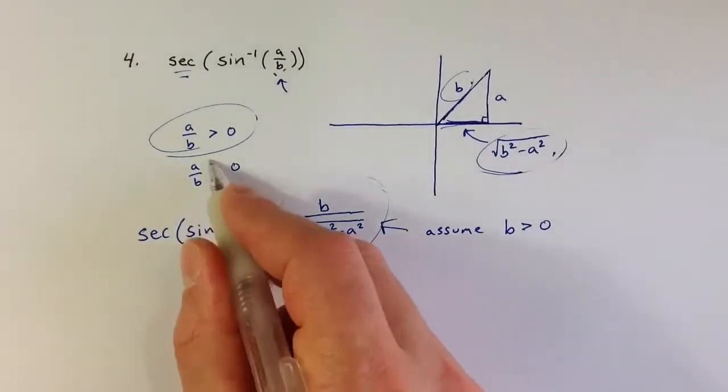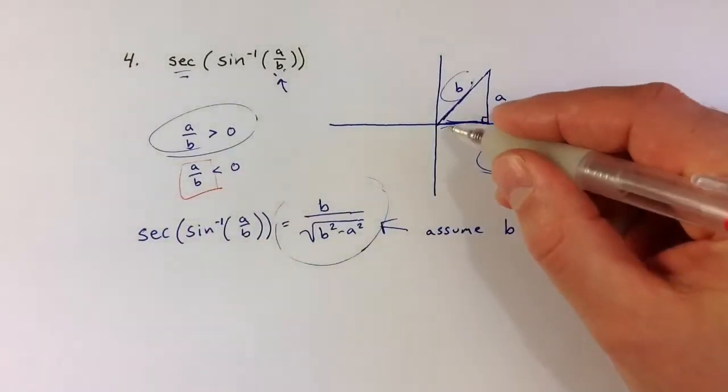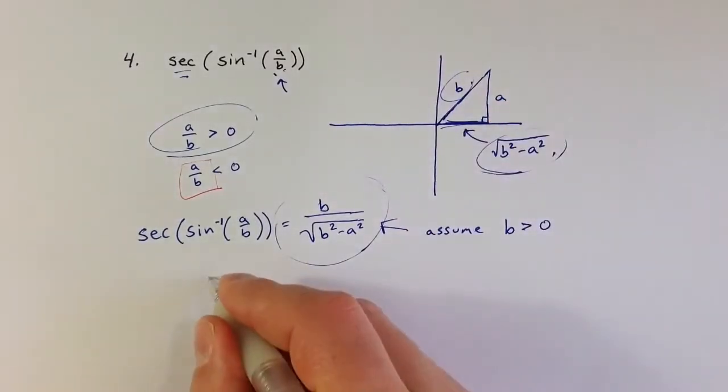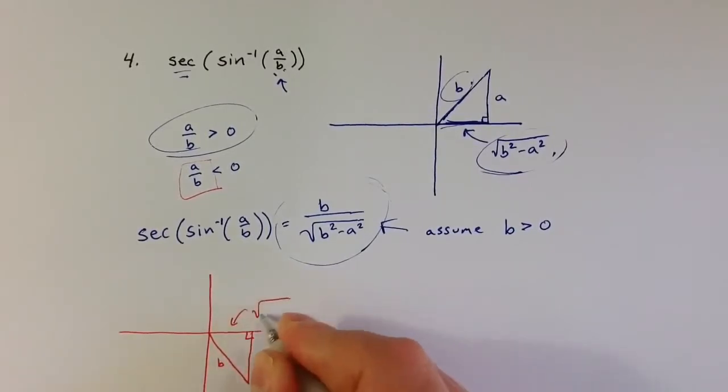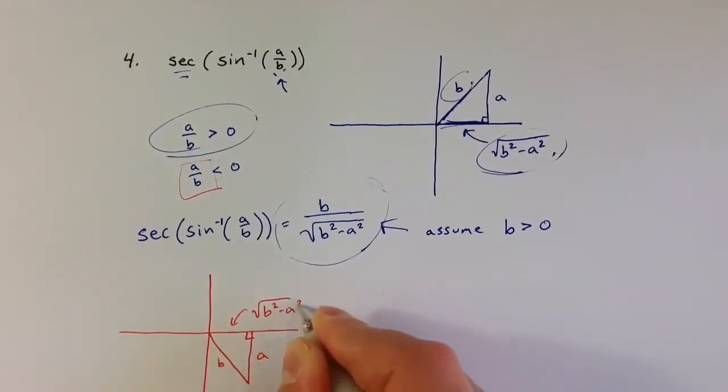If the ratio overall is negative, we would end up with a picture in quadrant 4. So our picture would look slightly different, but it would essentially be the same. I would have a hypotenuse of b, I would have a vertical opposite side of a, and then this would still be the square root of b squared minus a squared.